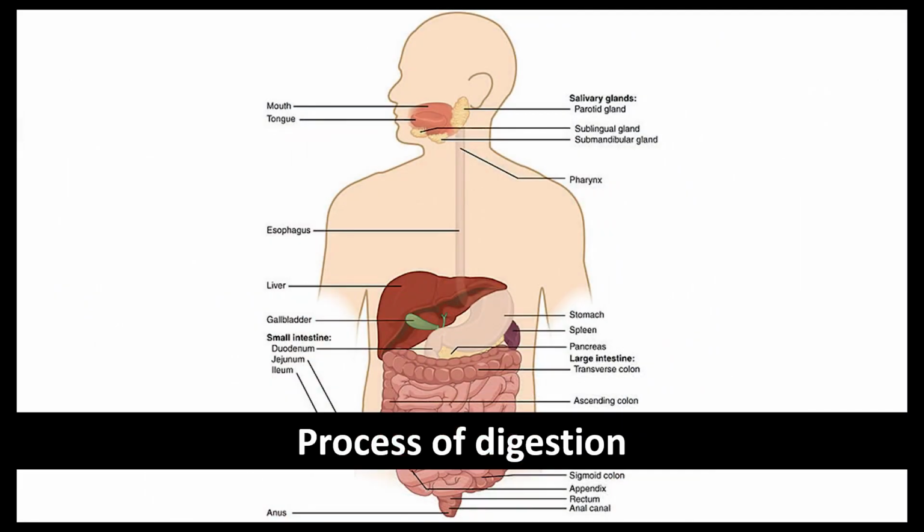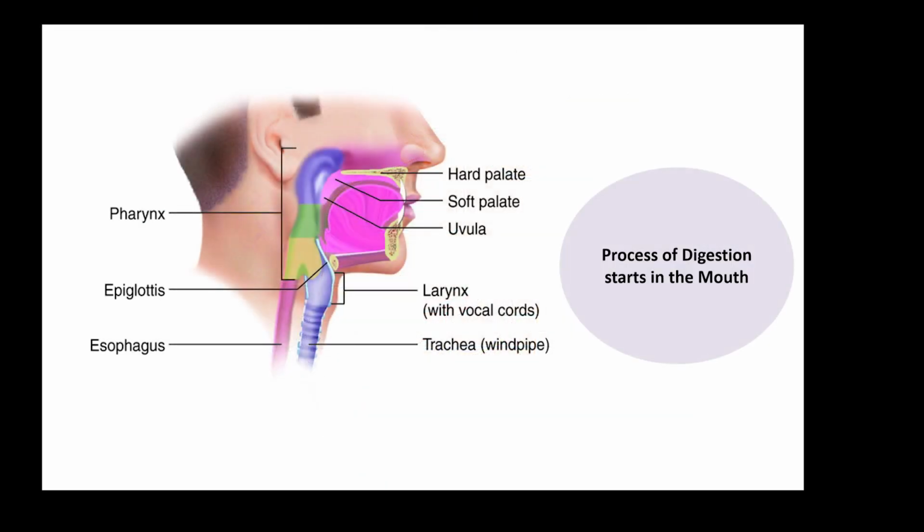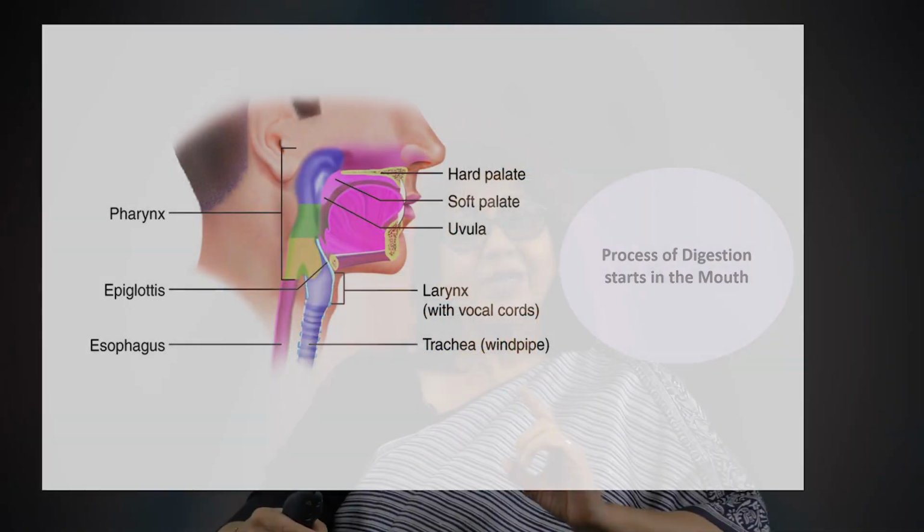Let us look at the process of digestion starting from the mouth till the end process. So as already informed, the digestion, interestingly, you would notice actually starts right from the mouth. When we put food in the mouth, have you noticed that just the sight of food or the aroma, flavor, smell of food, well, it stimulates the production of saliva?